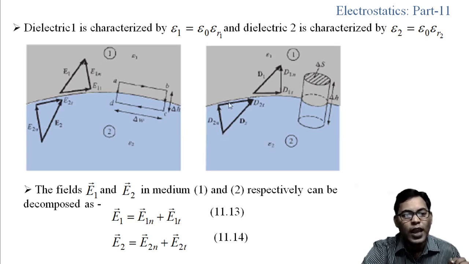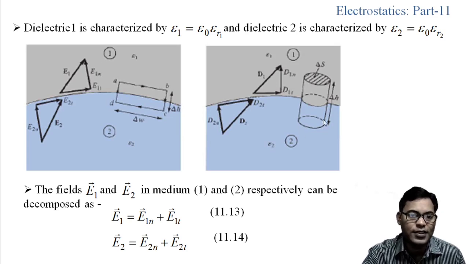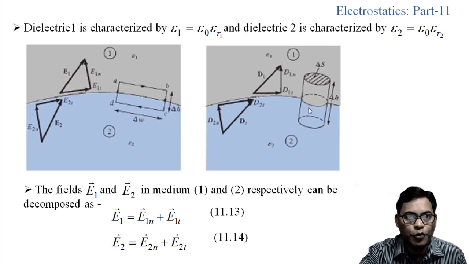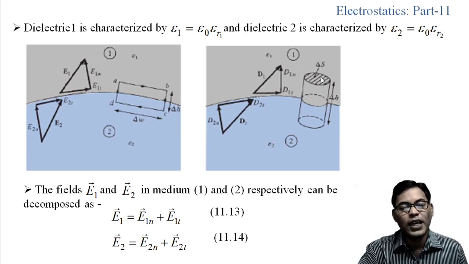And D2 is decomposed as D2n and D2t. Now to use the Maxwell's equation, we have considered a Gaussian surface here. On the side of this Gaussian surface the flux density will be 0, because we have studied earlier that for this Gaussian surface only the normal component of the flux density contributes, and the tangential component will be 0.